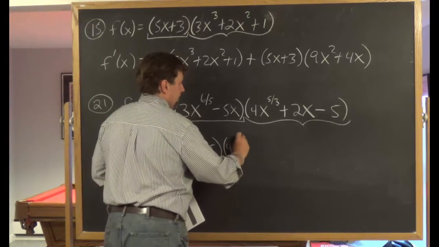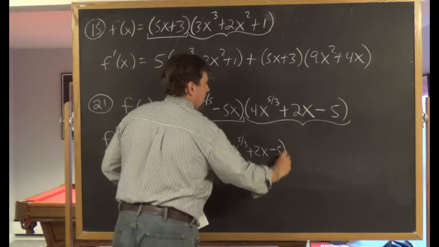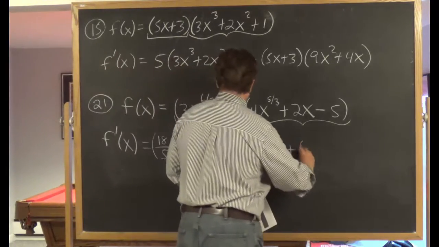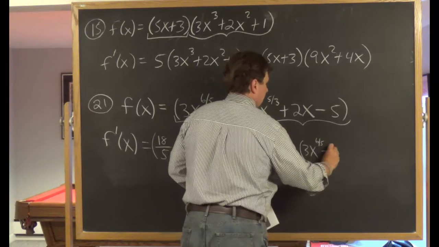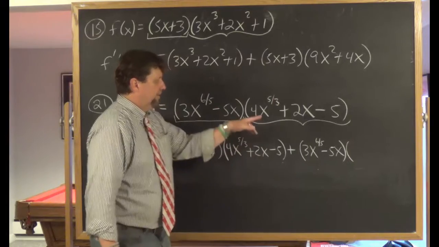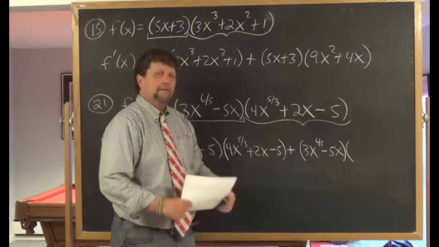Now times our second function, so we just bring the second function on down, plus the first function, 3x to the 6/5 minus 5x times, now we have to do the derivative of the second function, the derivative of 4x to the 5/3 plus 2x minus 5.